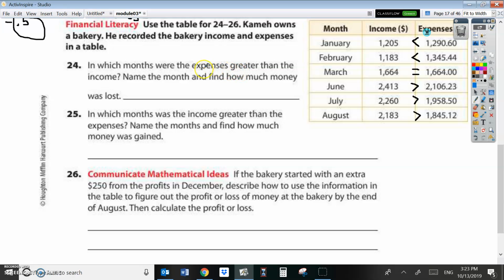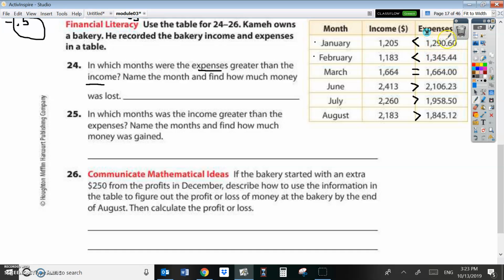So expense is greater than income in January and February. Name the month and find out how much money was lost.